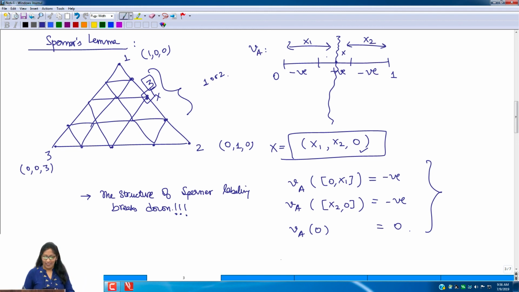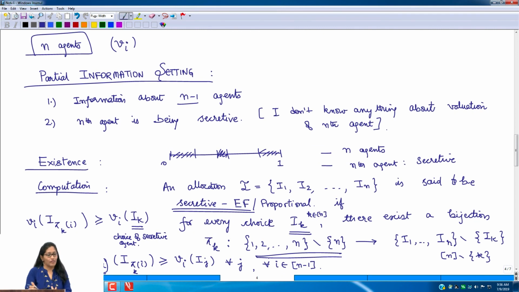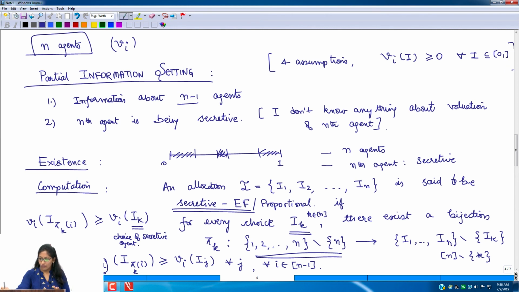From here I started the partial information setting with all those 4 assumptions, and in particular Vi of I is indeed positive for all intervals I in 0, 1. Any other doubt?